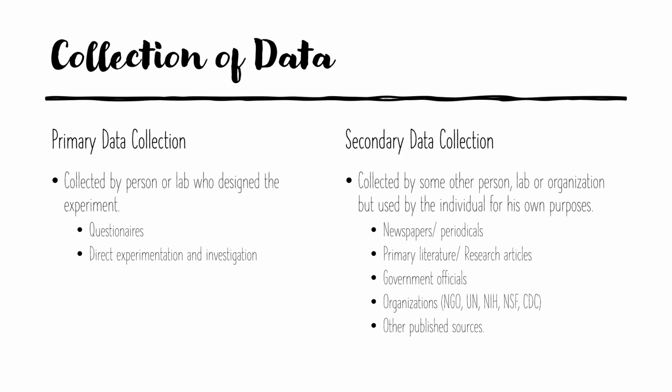We could be looking at a government official's website or an organization's website like CDC or NSF, or looking at any type of published source and then combining all that data that we find about the topic that we are interested in in order to know what is already known about it, in order to find the questions that we want to study about that topic, and then eventually using the information that we find through this data collection, we develop our hypothesis that we are going to be testing in our actual direct experimentation and investigation to collect our own primary data.